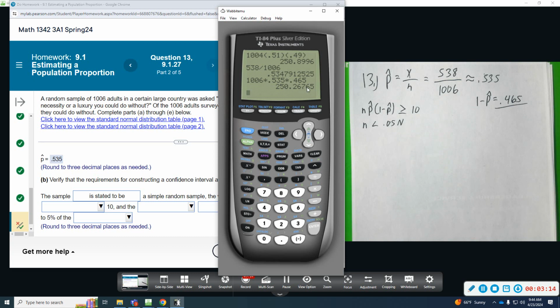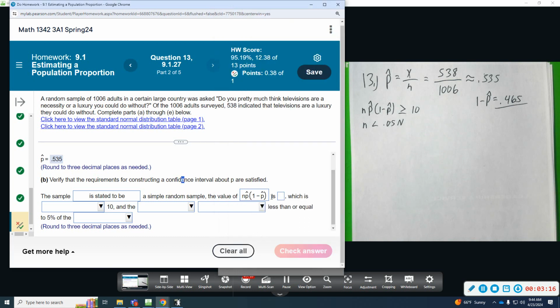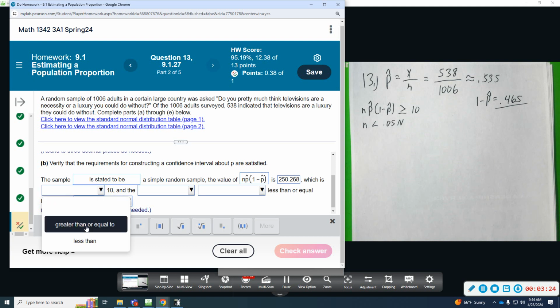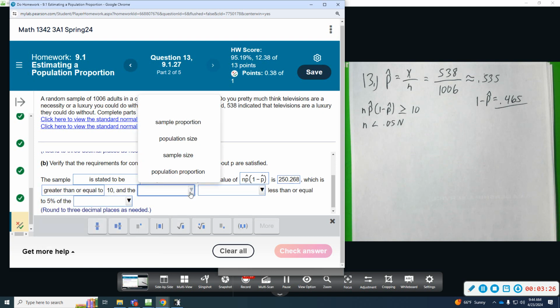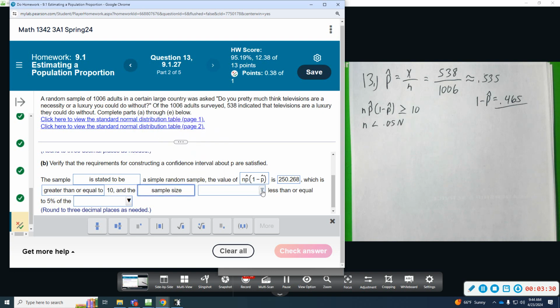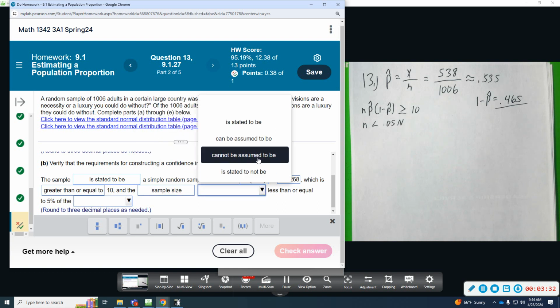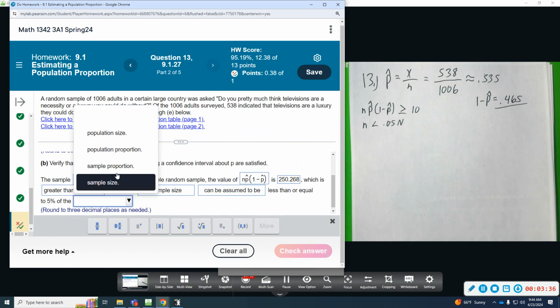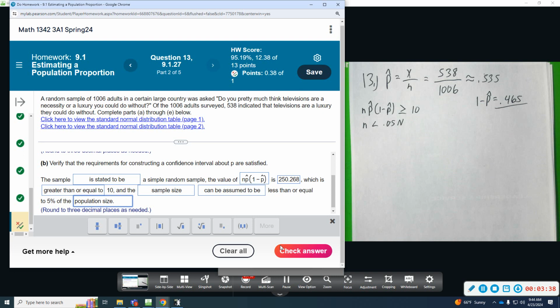That is greater than or equal to 10, and the sample size can be assumed to be less than or equal to 5% of the population size.